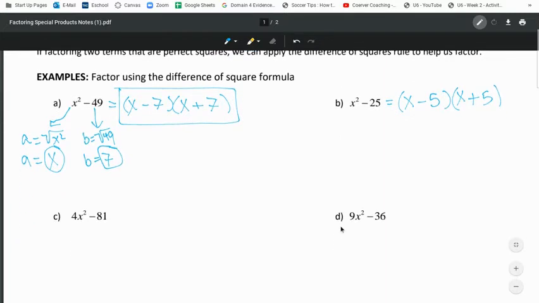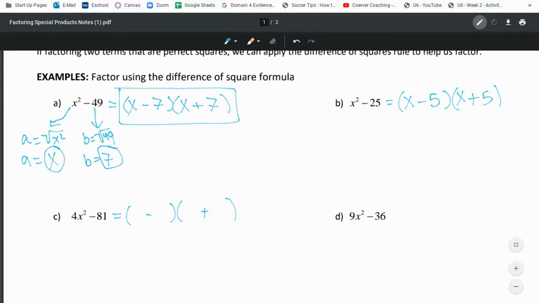I should be able to look at it. And again, here's the difference. I do know that 4 and 81 are perfect squares. Again, I make my two sets of parentheses, and then I can take the square root, or I can simply ask myself, the first term times this first term is going to give me 4x squared.